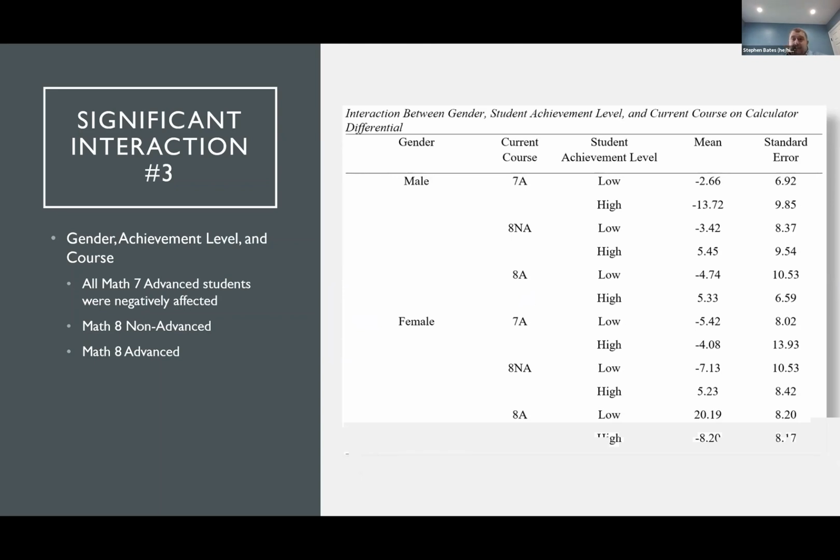And for Math 8 Advanced, high achieving males were positively affected, while low achieving males were negatively affected. And the exact opposite happened for females, where the low achieving females were drastically positively affected and high achieving females were negatively affected overall.